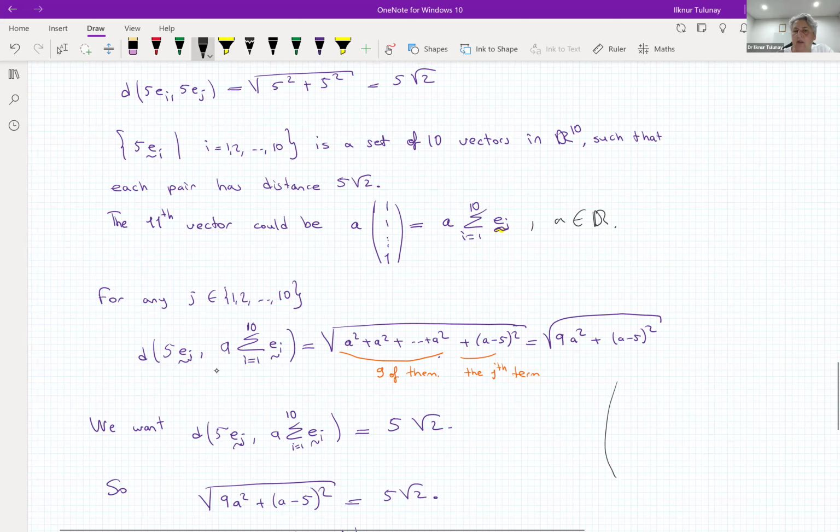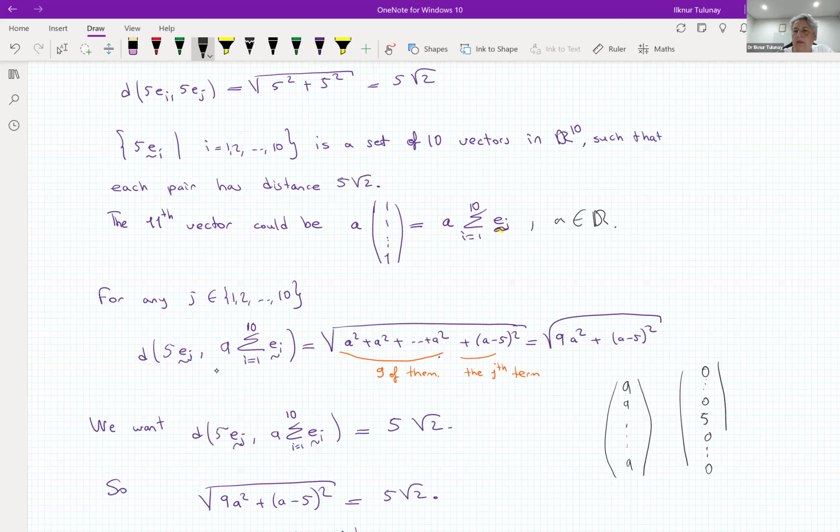So you have the vector A, and you have the vector with 5 in the jth position and zeros elsewhere. So you're looking at the distance between these two vectors.